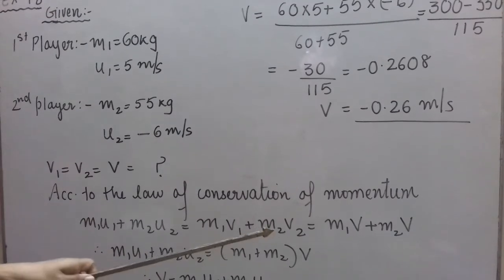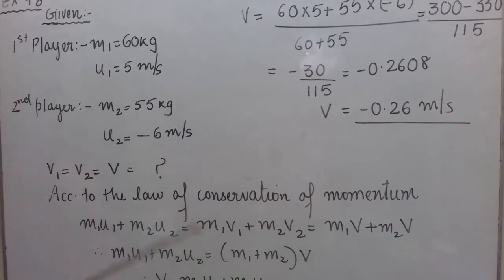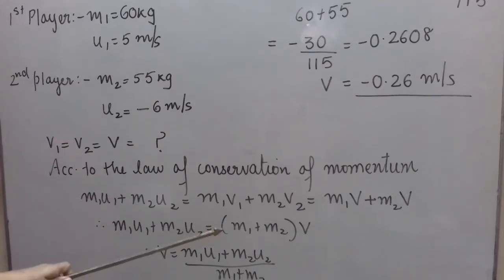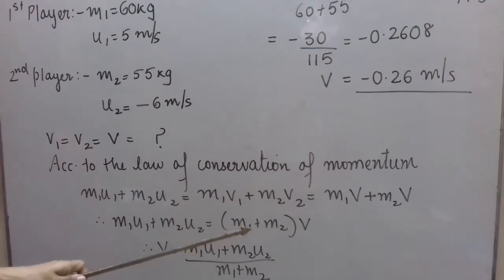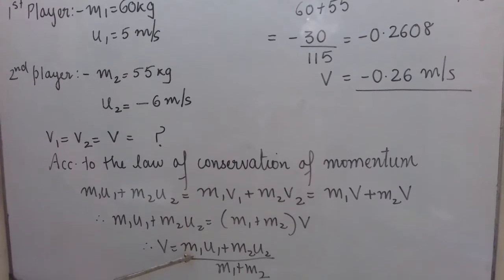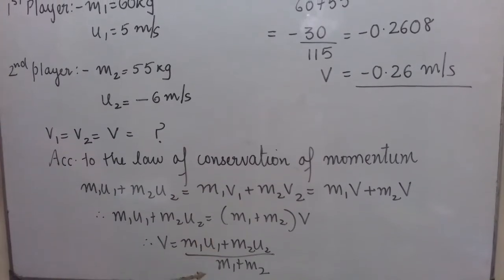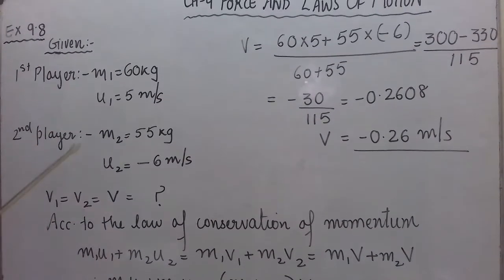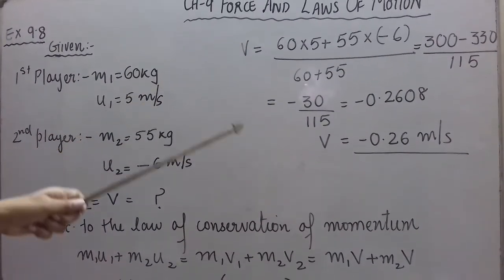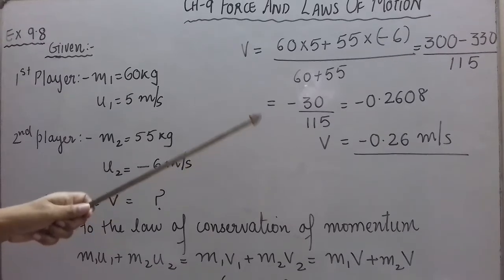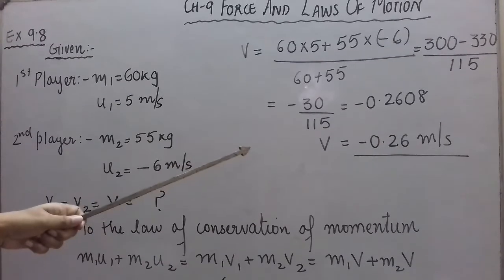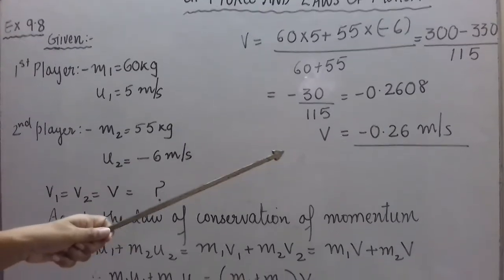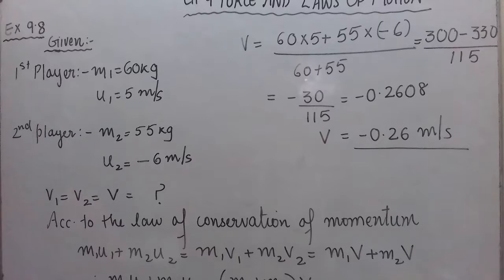Now taking v out on the right hand side, finally we get m1 u1 plus m2 u2 is (m1 plus m2) into v, and v is equal to (m1 u1 plus m2 u2) divided by (m1 plus m2). Putting the values which are given here, we get v is equal to minus 0.2608, and rounding it off to 2 decimal places, we get minus 0.26 meter per second.